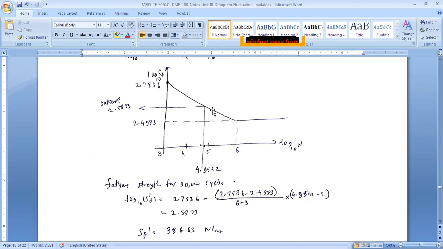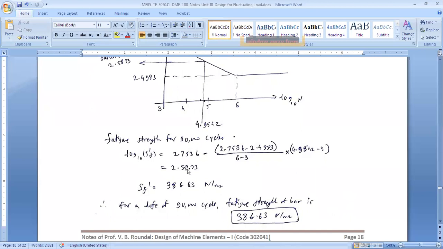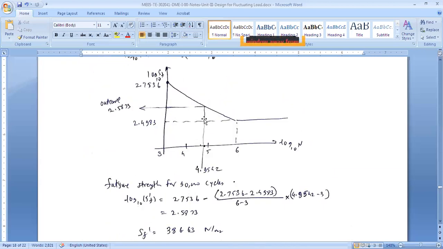We know the slope: 2.7536 minus 2.4983 upon 6 minus 3, multiplied by 6 minus 4.95. So with that also you will get the same value. 2.49 plus this will give you the same amount, 2.5873. So we now got the log of the fatigue strength for the life cycle of 90,000.